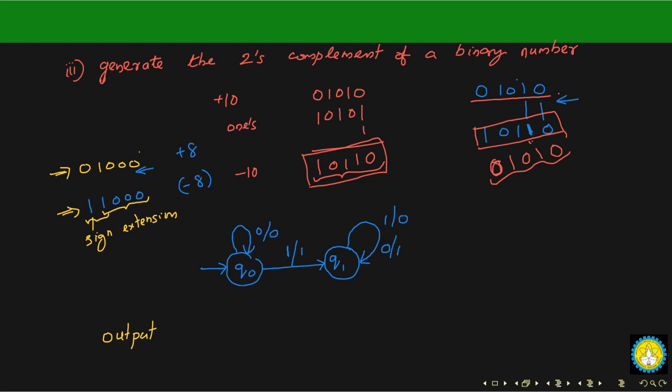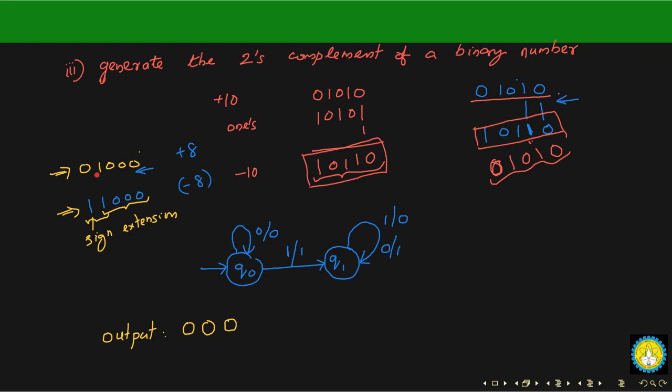So our first output is going to be 0. Now the second input is also a 0. Again, 0 on Q0 gives you 0. So the output here again will be 0. And this continues. The next one is also 0, and you'll get the output as 0.